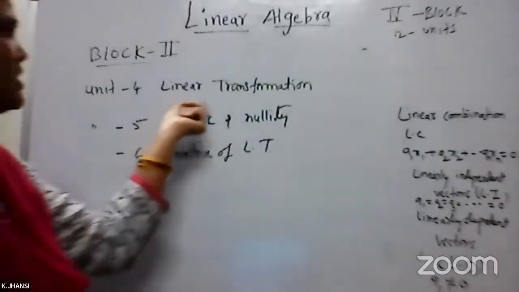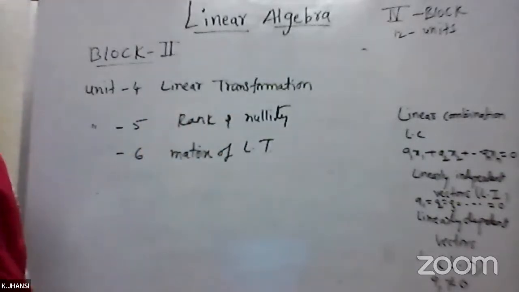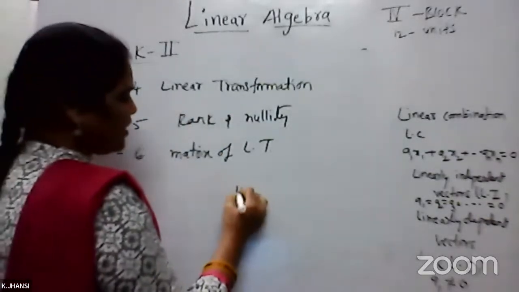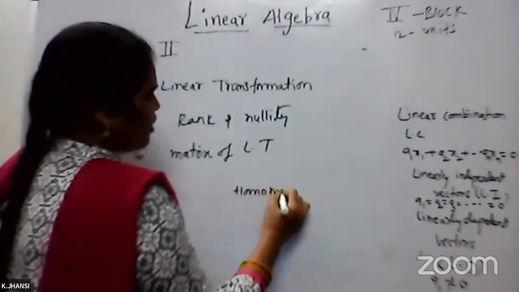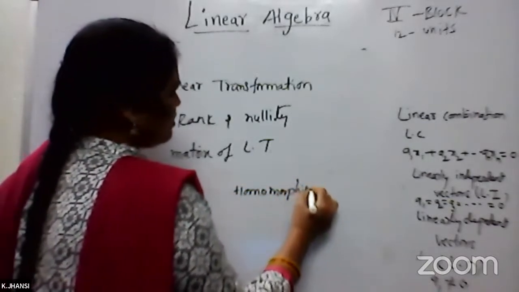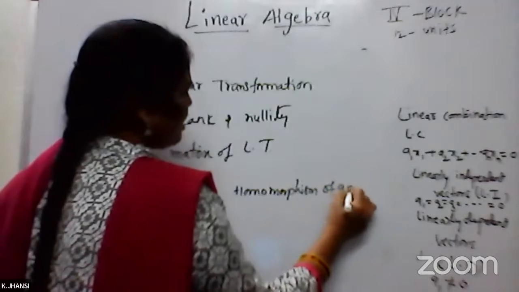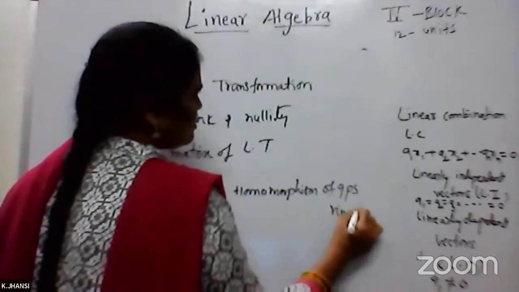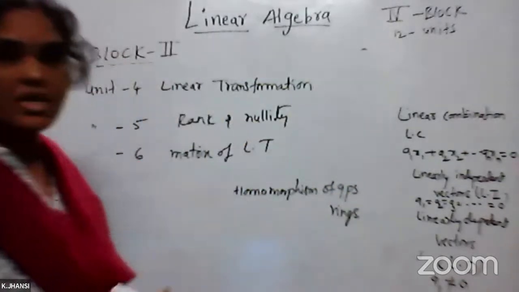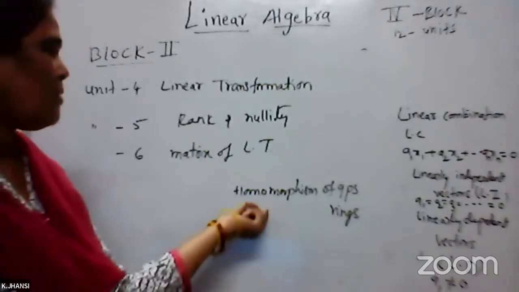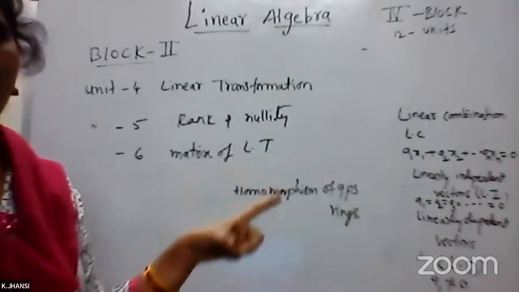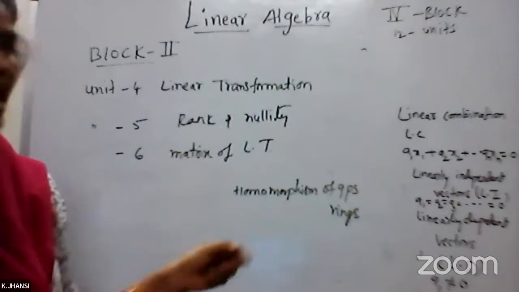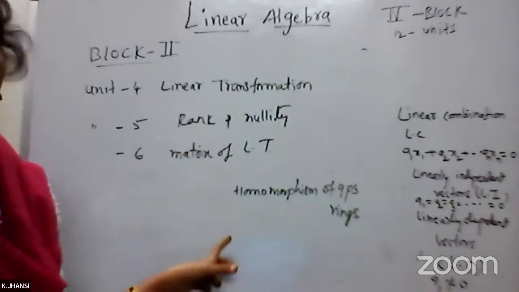Linear transformation is the same as the homomorphism of groups or homomorphism of rings. Okay. Whatever the conditions are for any group to become a homomorphism, we have seen, one element maps to one, and you will have the mapping between them.